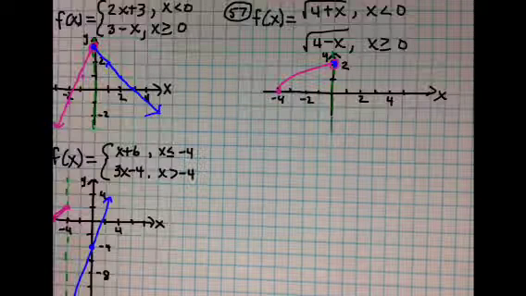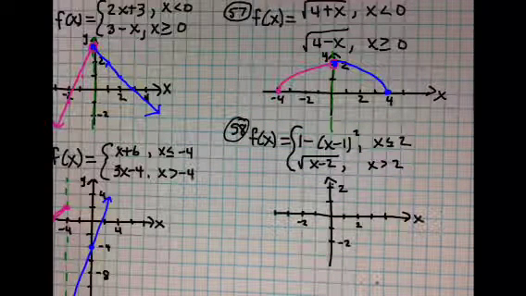So the biggest number I can use here is 4. If I choose a number bigger than 4, then I no longer have a real number, because then I'll have a negative inside the square root. So 4 is my biggest value for x. So 4 minus 4 is 0. And then it's a curve kind of like that. Okay, so there's the graph.